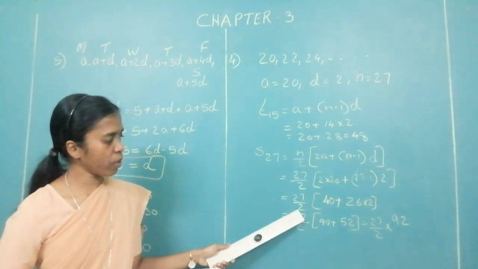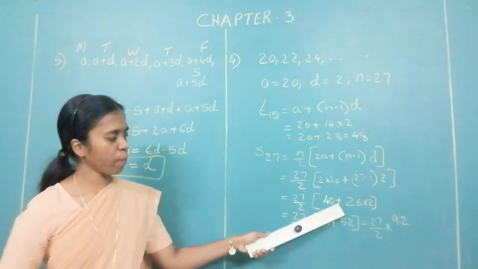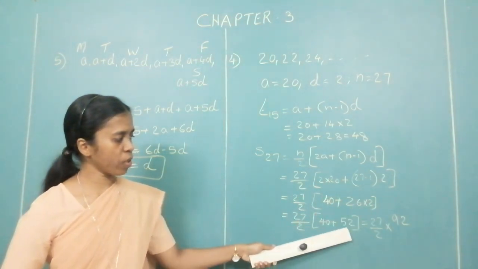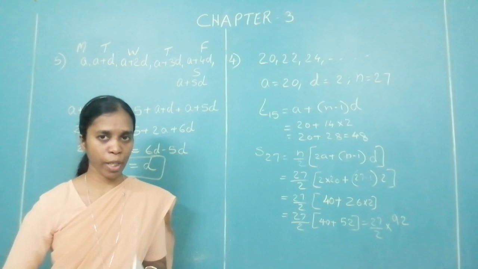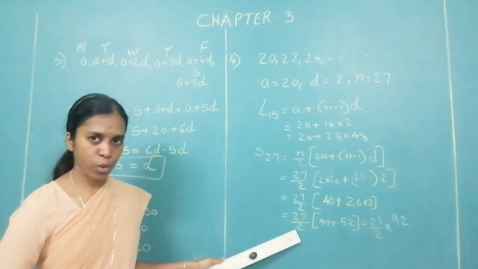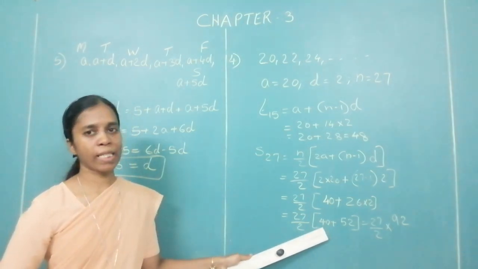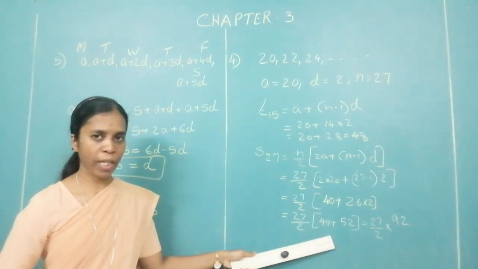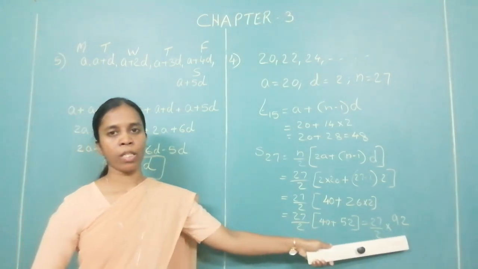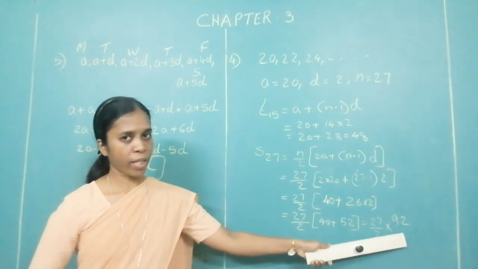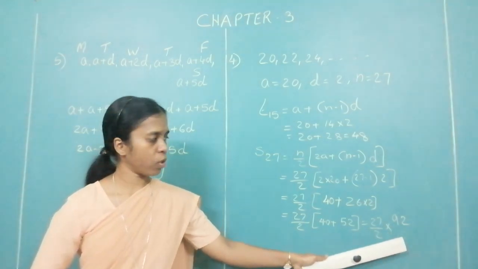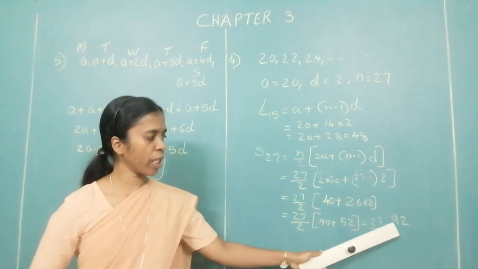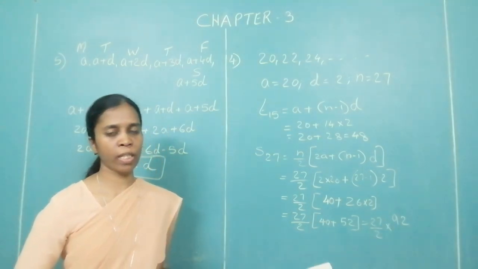So what do you get? 27 upon 2, 40 plus 26 into 2, that is 52. Again, I remind you, these two you cannot cancel with this 40. First you have to solve the bracket, then only you can divide it. Okay, you can cancel it. So you will get 27 upon 2 into 92. Solve it, you will get the answer.